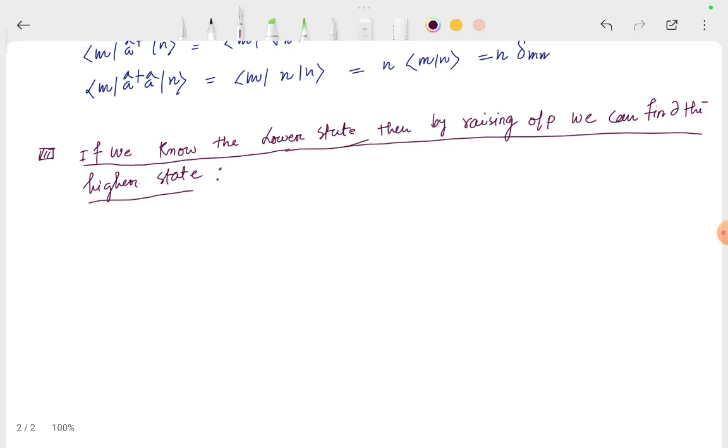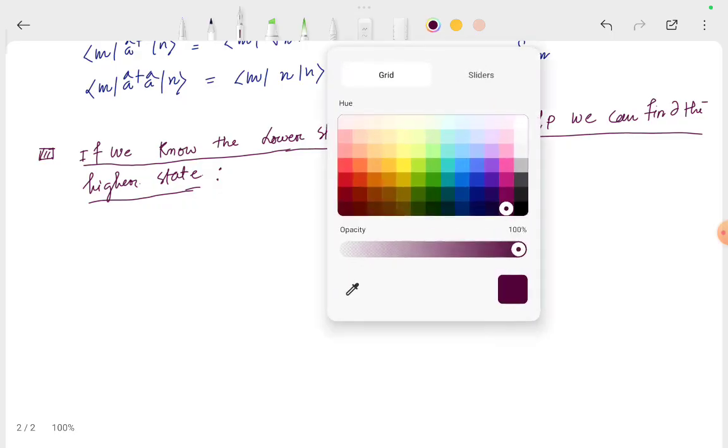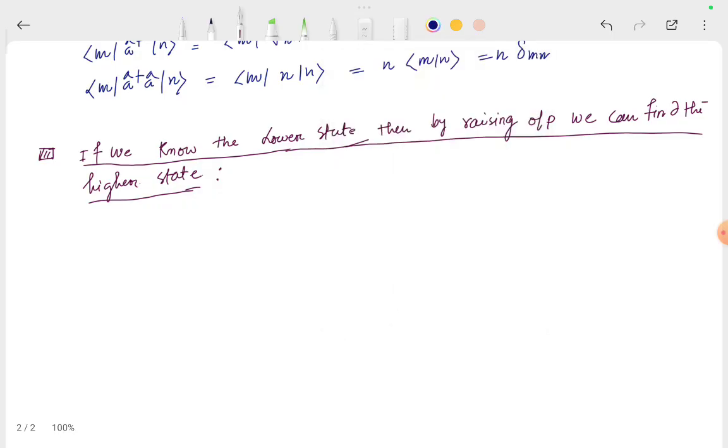It's a very important statement. Please remember this statement. Raising operator acting on the ground state, what do we get? 0 plus 1, so 1 times ket 1, right?